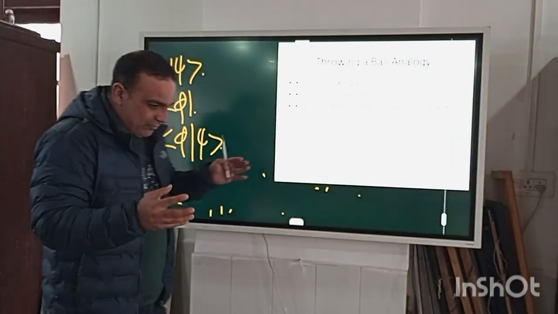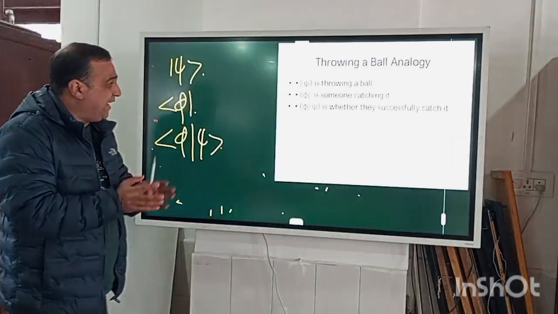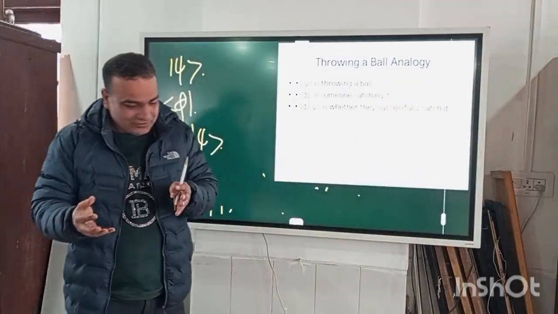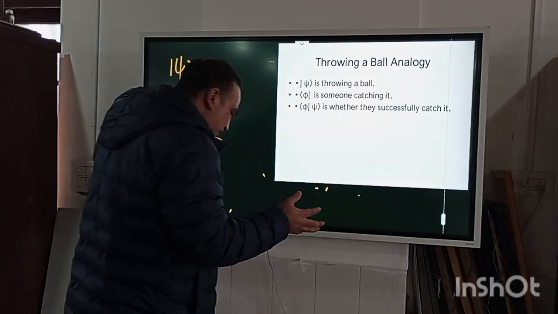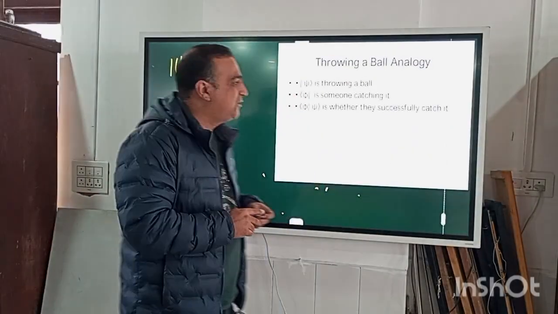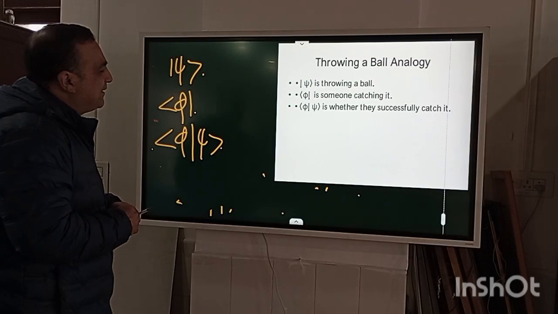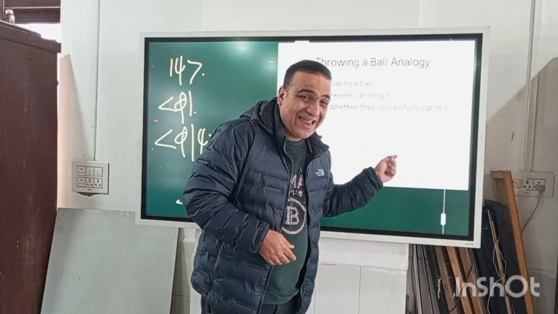Now the two actions, the action of a ball being in the air and the action of a person who has caught the ball, when you take the inner product of the two states, this inner product defines whether there is a successful catch or not.